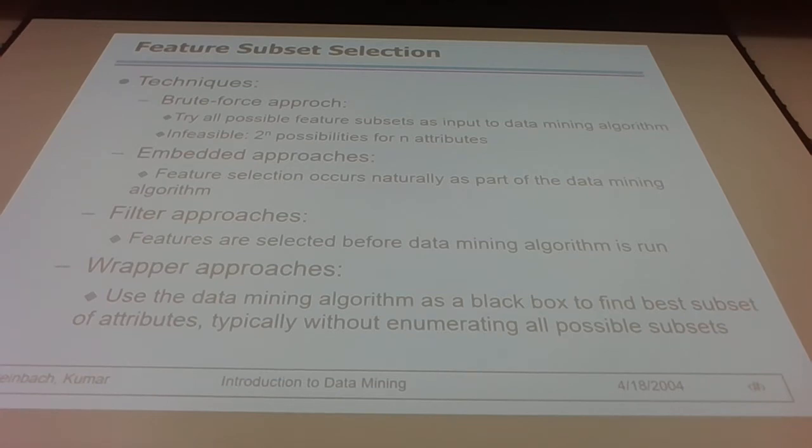It might not change accuracy or performance, it just might change the output, and you don't like it. So then you add that back and remove some other. So you use the data mining algorithm as a black box, look at the output and change the feature subset. That's how you can do feature subset selection. That's the wrapper approach.